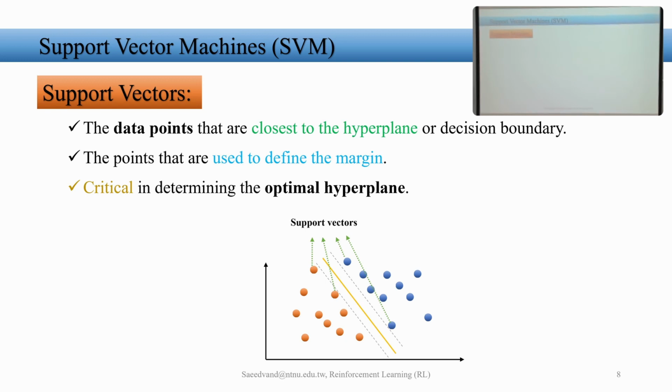Now let's define the second term that we are going to use in support vector machines. It is support vectors. So what are the support vectors? They are the data that are closest to the hyperplane that we have. These closest data, we also use to define the margin.